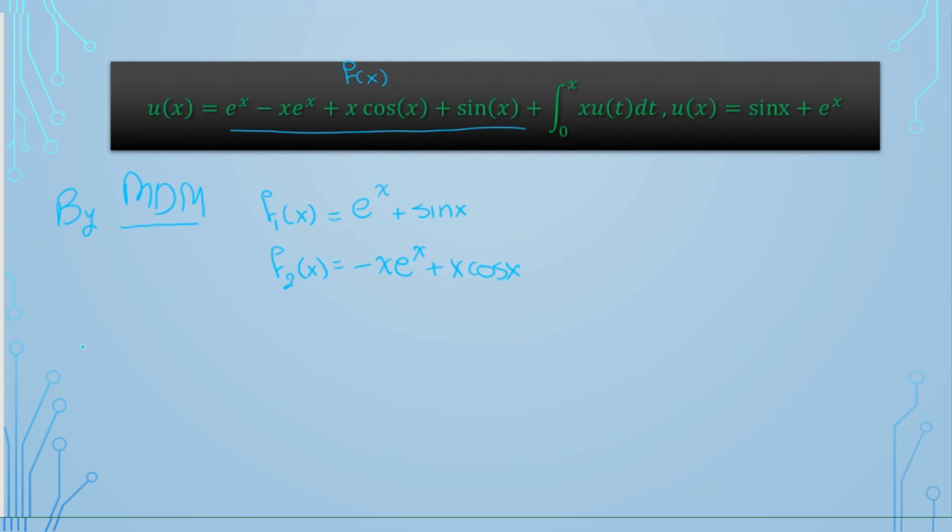So the recurrence relation will be u naught of x equal to f1.